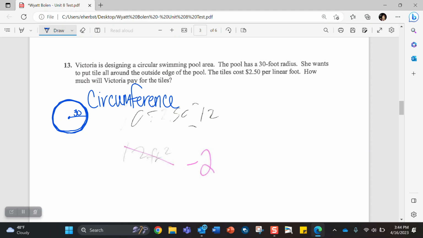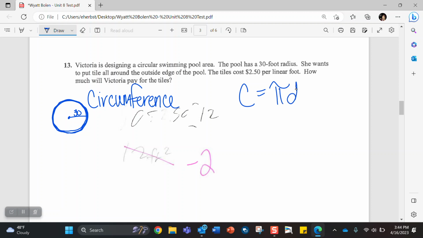We're told how much the tiles cost per linear foot. How much will Victoria pay for the tiles? So if we find the circumference, we know how far it is around the outside edge of the pool. Then we can multiply that by 2.50 to figure out how much it's going to cost.